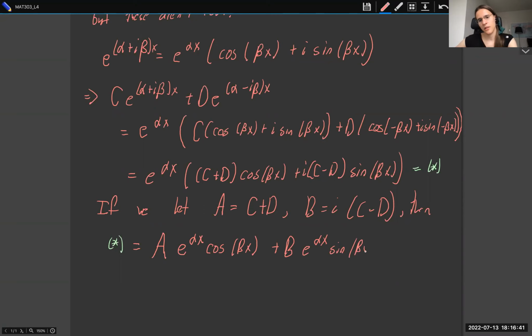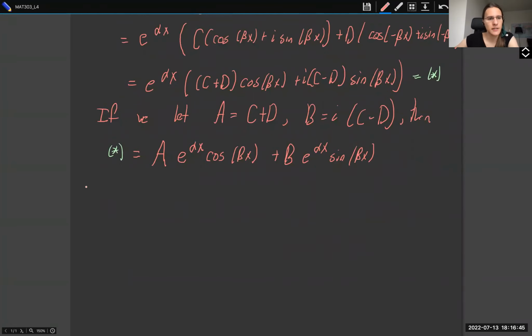So what's the takeaway message? The takeaway is that e to the alpha x cosine beta x and e to the alpha x sine beta x are linearly independent solutions.